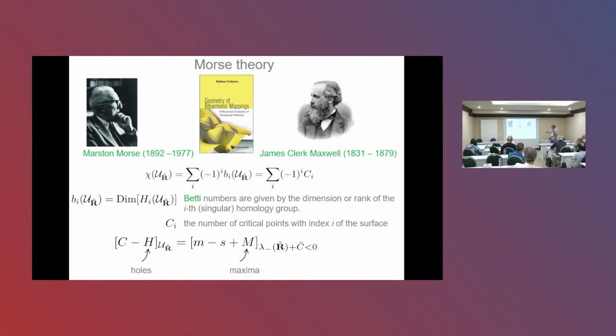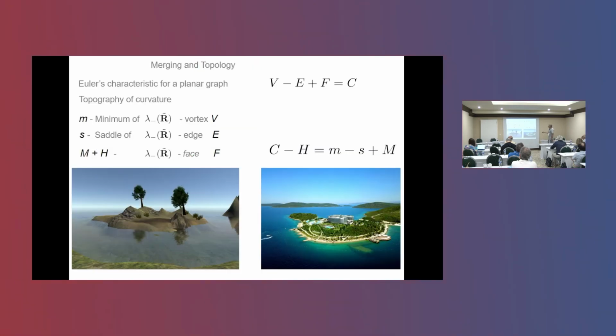So C0 means that there are no negative eigenvalues, which means that it's minima. C1 means that there is one negative eigenvalue, which is a saddle. C2 is maxima. So plugging it here, we get this formula, which means that actually what is phase corresponds to the holes plus maxima.